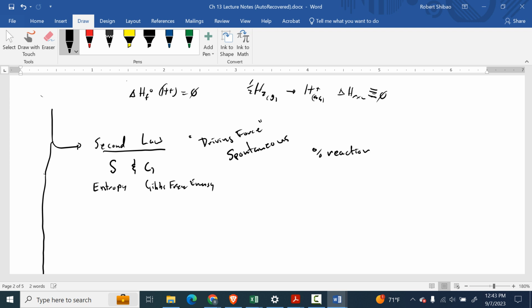If there's absolutely no driving force, then we expect 0% reaction. And if we have driving force, then we expect 100% reaction. And so this is how we're doing our predictions. If a precipitate forms, we expect 100% reaction. If no in metathesis, if a precipitate forms in redox, you don't know. It may or may not happen.